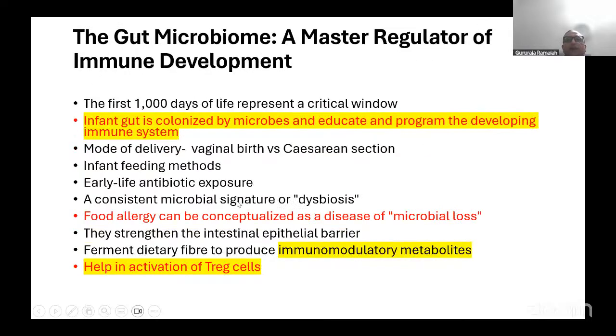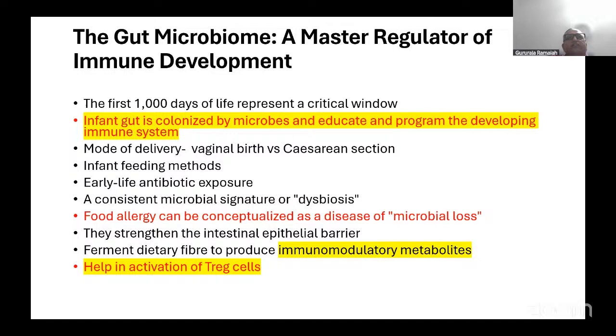Next, the gut microbiome. It's a master regulator of immune development in food allergy. It has been proven that the first 1,000 days of life in children is a critical window during which the infant gut is colonized by microbes that in turn educate and program the developing immune system.